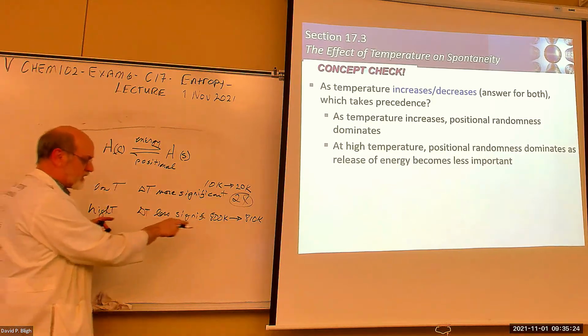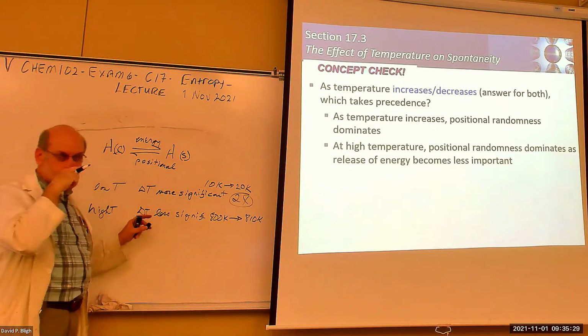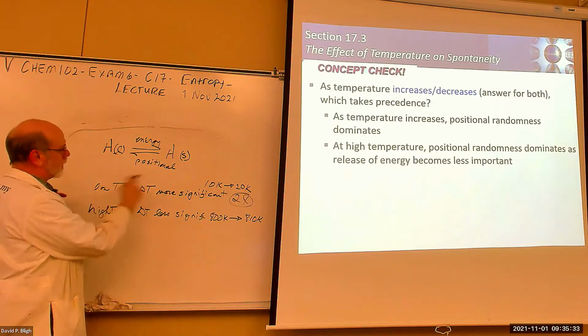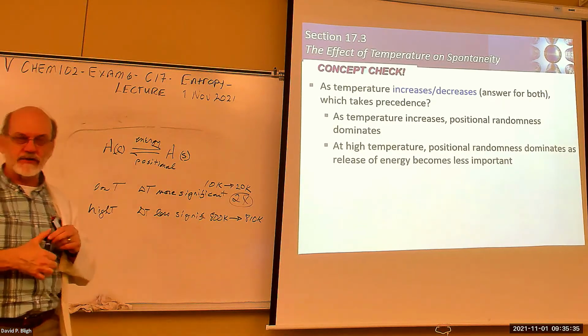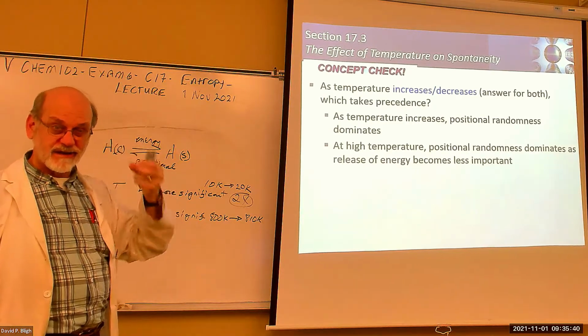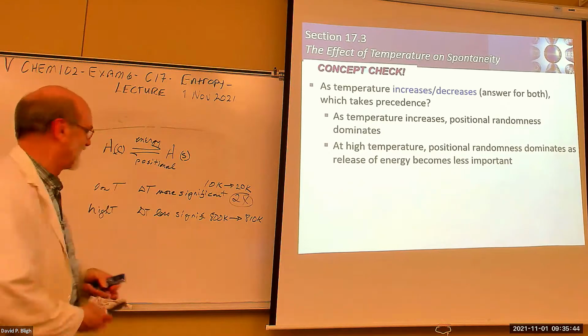So at high temperature, this same change in temperature is less significant. So that opens the door for positional randomness to dominate. Okay, does that make any sense? I think so. Okay, at least this time around.